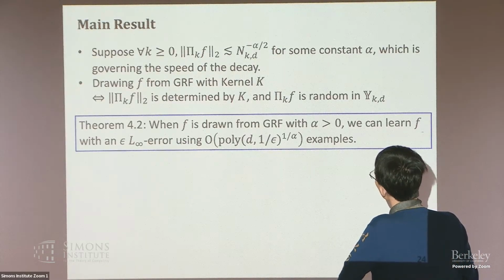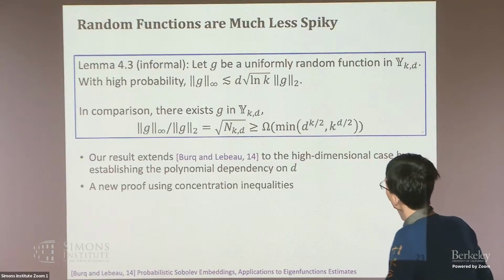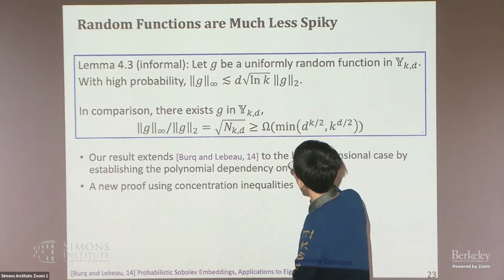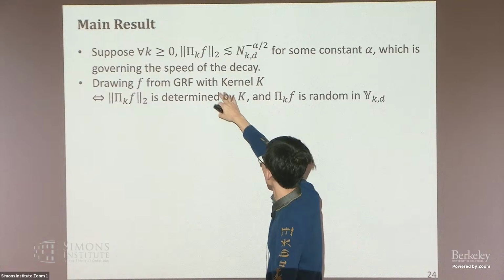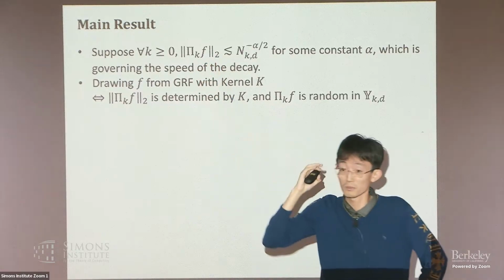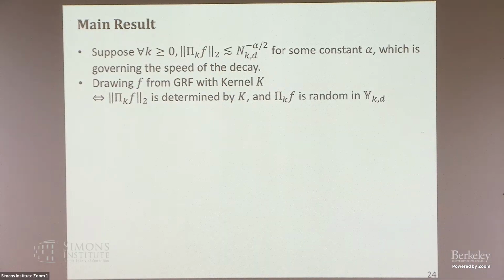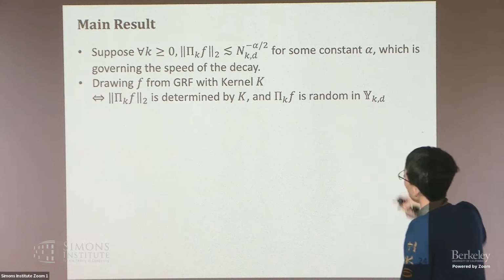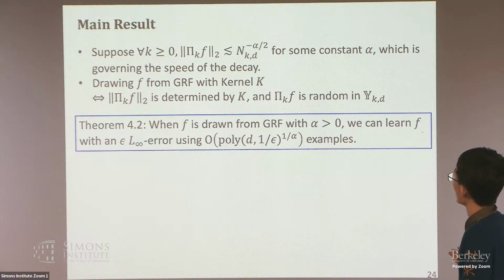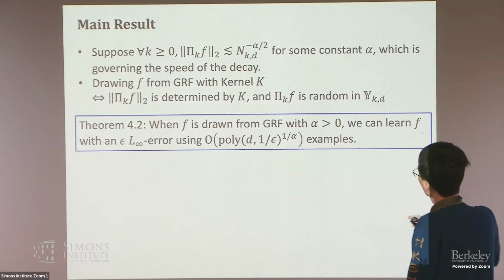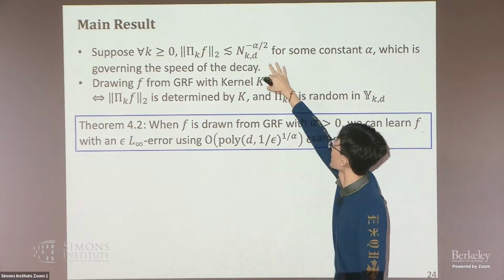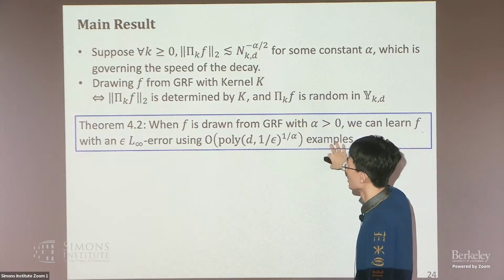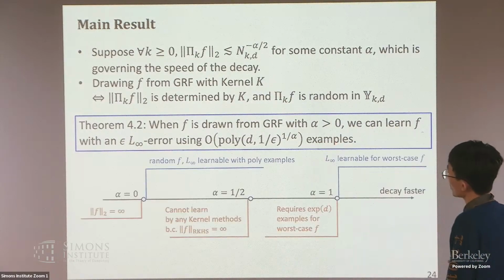Basically, the way we describe how fast the function decays is by looking at the norm of the projection onto each of the subspaces of the functions, and this alpha decides how fast it decays. We prove that if alpha is bigger than 0, so you have some decay, then you can learn it with L infinity error.